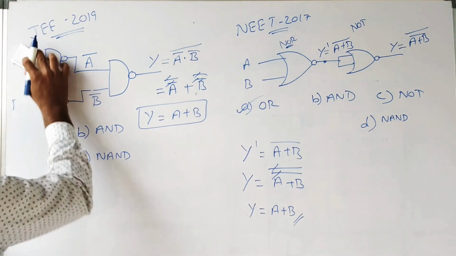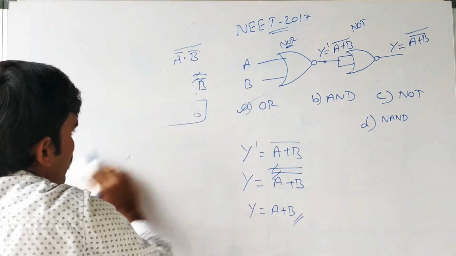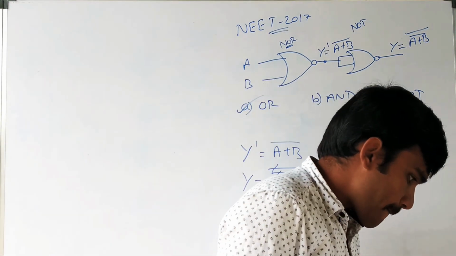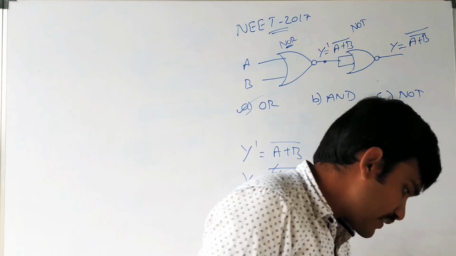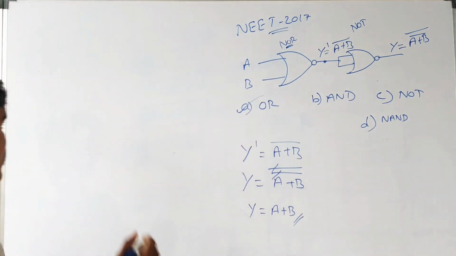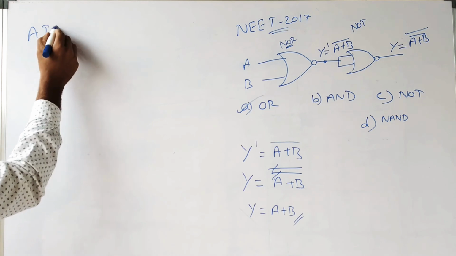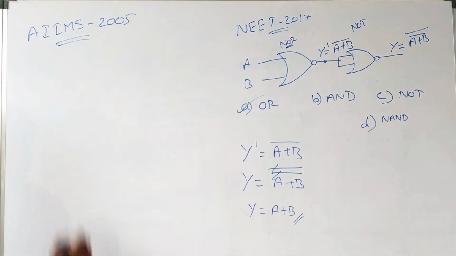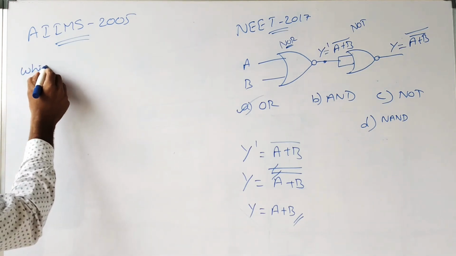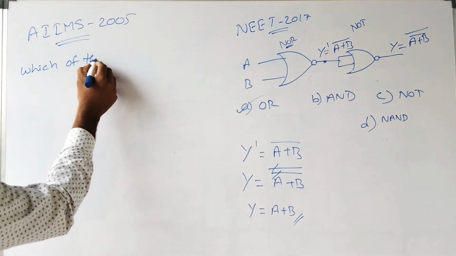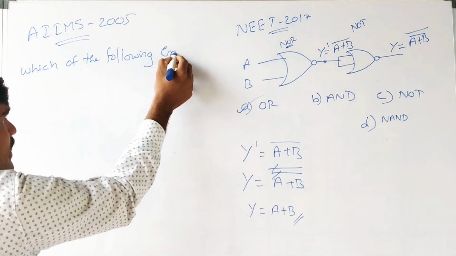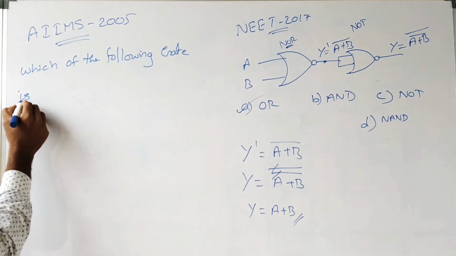Okay. Now look at some problems. This is an AIIMS 2005 question. They have asked which of the following gates is a universal logic gate.